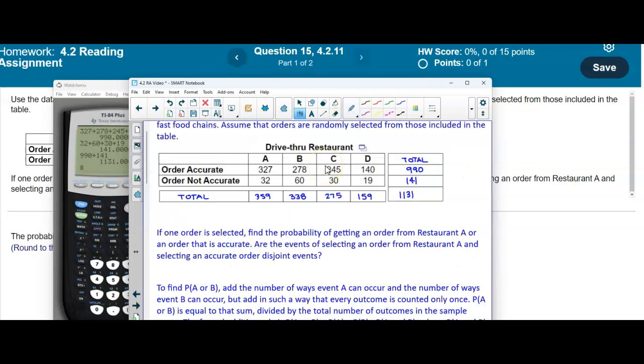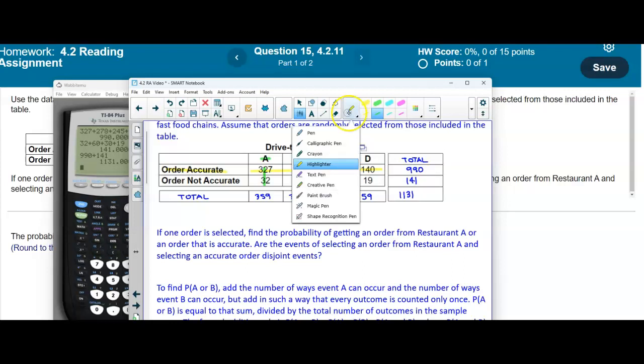We want to find all the values that we added in the order accurate row, and this is what we get when we add those all up. Then we also want to find all the values from restaurant A. From restaurant A, we have these two values.